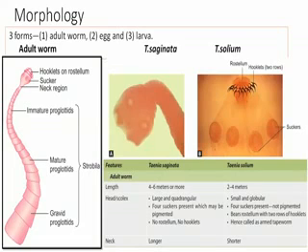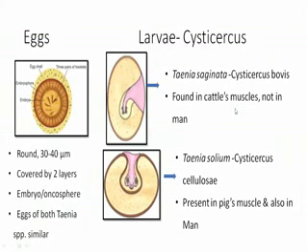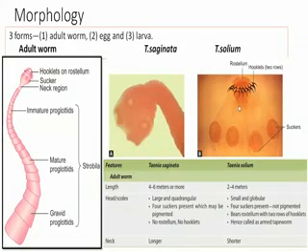And if you see this diagram, Taenia saginata has a quadrangular, large head, and four suckers you can see here. With the help of these suckers, it can hold the intestinal mucosal wall, and there is no rostellum or hooklets. If you see Taenia solium, you can see a bulged part here. This is called the rostellum, and next, hooklets are there.